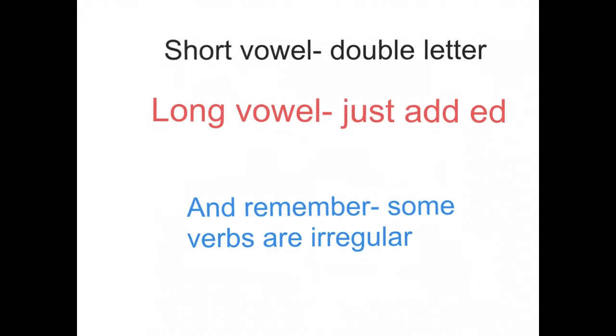So, to finish off, one of the things to remember is if you have a short vowel, like an I, or an O, or an A, or an E, we need to make sure if we're changing it to a past tense, we add a double letter. But if it's a long vowel, we just add the ED at the end. But remember, some verbs are irregular and might not even have the ED. They might change completely, or they might not change at all.